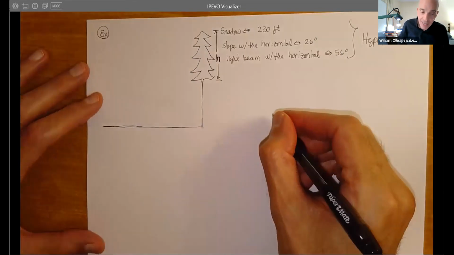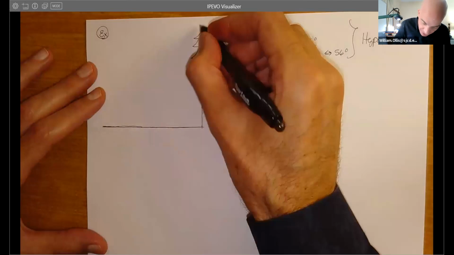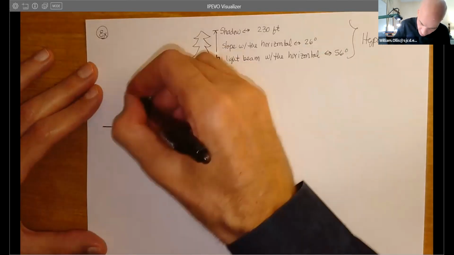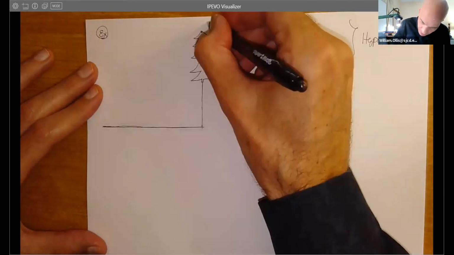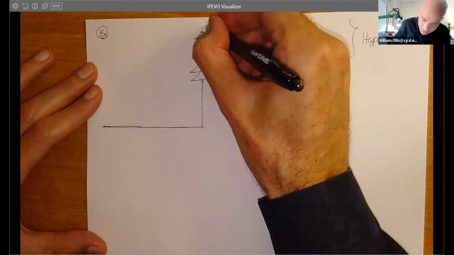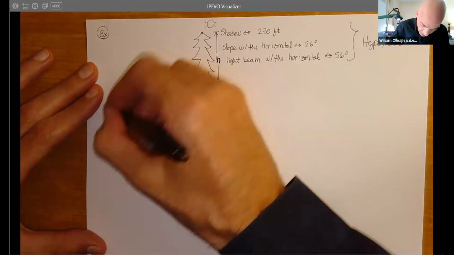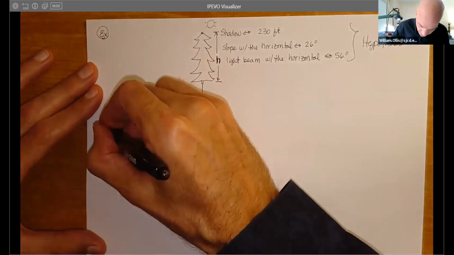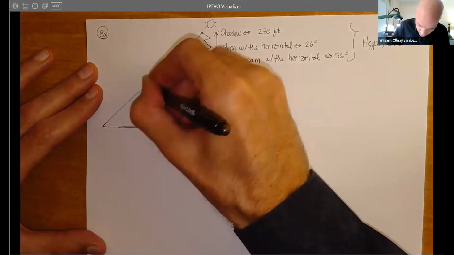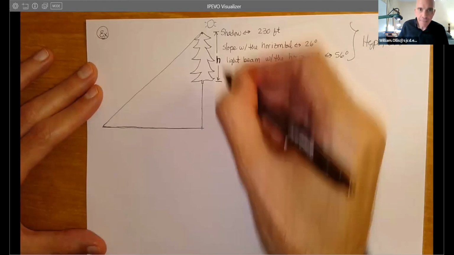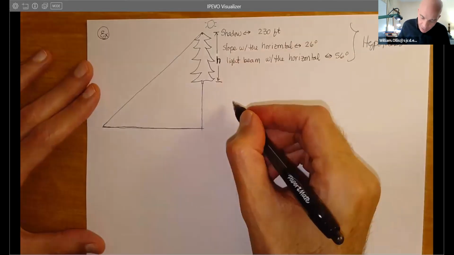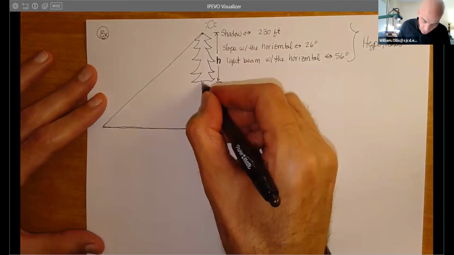And then, like I said before, we've got this light beam. The sun is up here, and it casts a light beam from the top of the tree. And then we've got the slope here that runs this way.